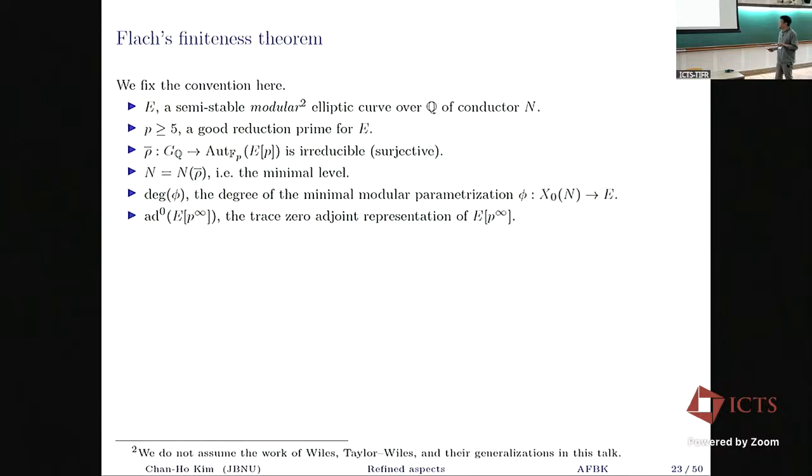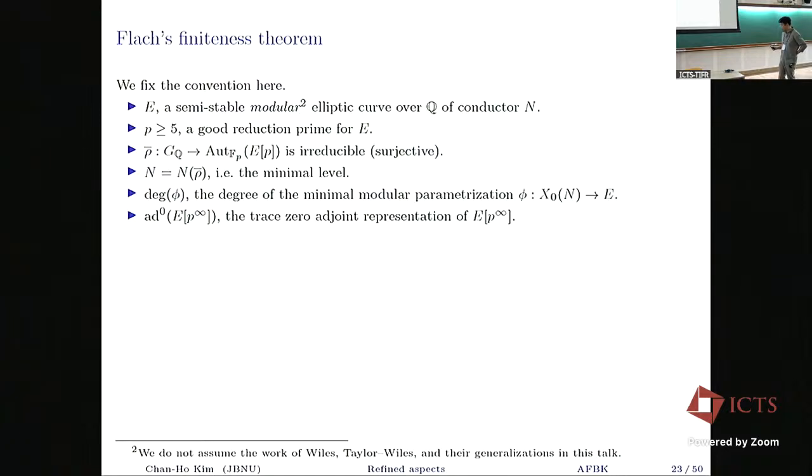Let's recall the Flach theorem. E is always a semistable elliptic curve, so we do not assume modularity here, over Q of conductor N, and p is larger than 3, a good reduction prime. Rho bar is always surjective, and N is now assumed to be the minimal level in the sense of the Serre conjecture. Degree of phi is the degree of the minimal modular parameterization, and the adjoint representation is here.